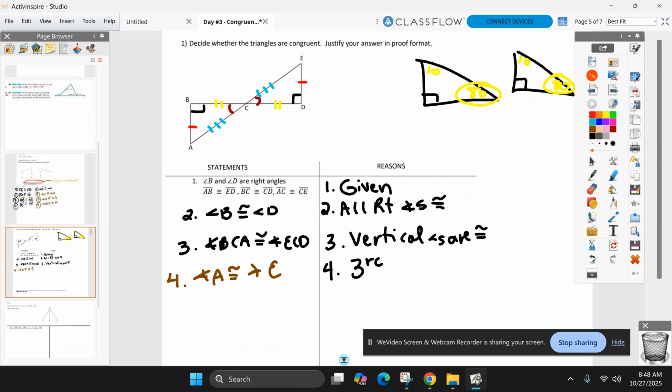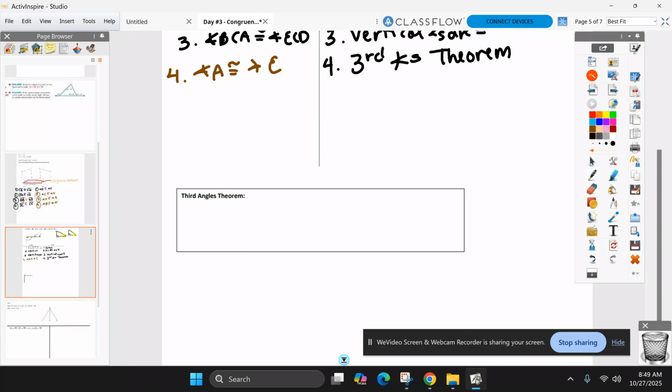This is called the third angles theorem. I know, pretty clever, huh? And it's at the bottom of your page there as well. Everybody see it at the bottom? We're not done with this proof. We're going to come back here in a second, but go down to the bottom so we can officially write it.